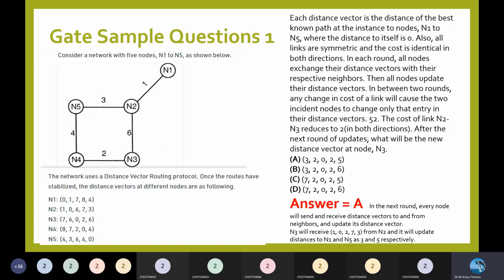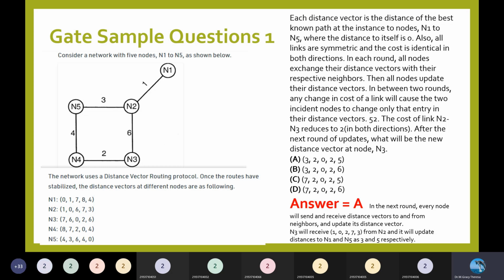And the distance vectors of the different nodes are also given. For node 1, the distance to node 1 is 0. Node 1 to node 2 is 1. Node 1 to node 3 is 7, because 6 plus 1 is 7.